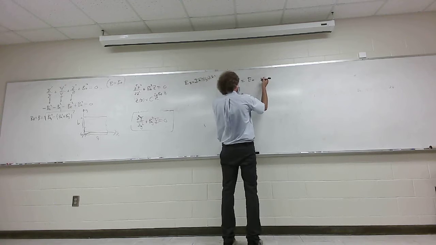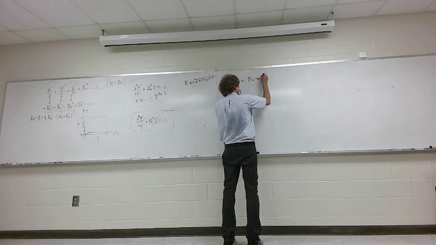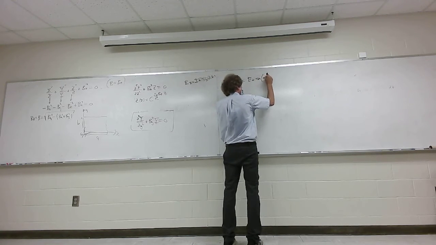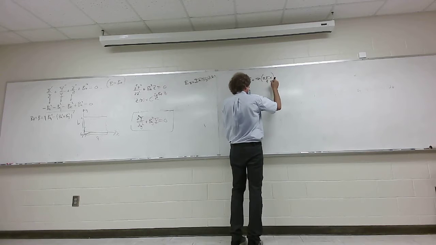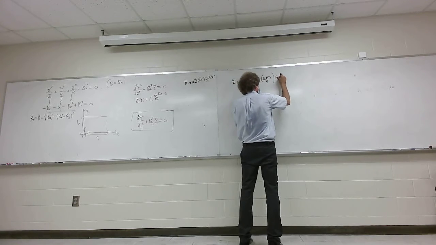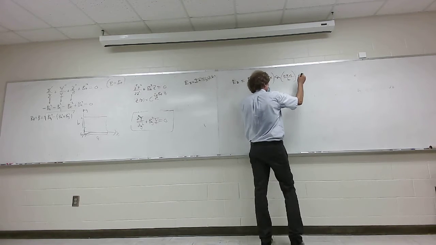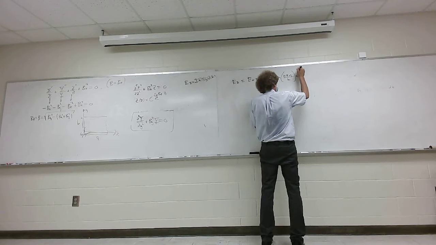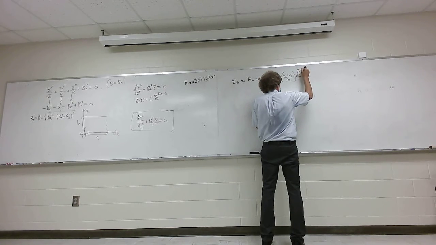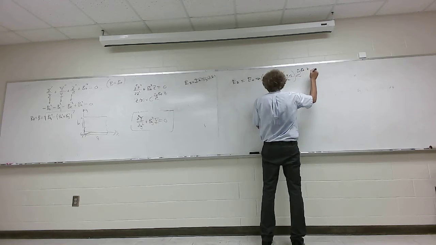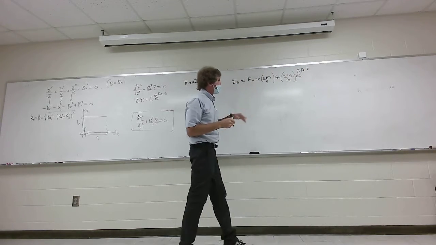Then it's going to be times the sine of m pi x over a, times the sine of n pi y over b, times e to the plus or minus j beta z times z. That's the functional form Ez will have.